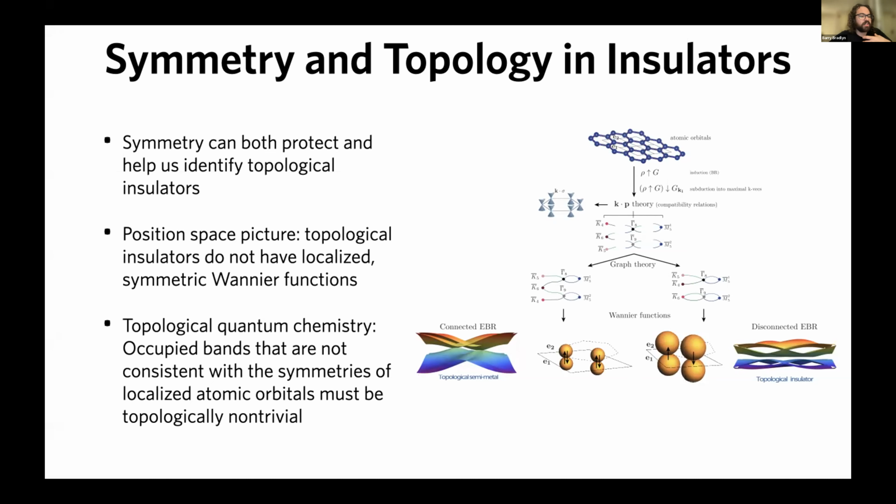On the other hand, symmetry also protects new topological phases that we don't have in the absence of symmetry, and we'll see some examples of that. In particular, in this talk, I'm going to focus on topological crystalline phases protected by inversion symmetry.